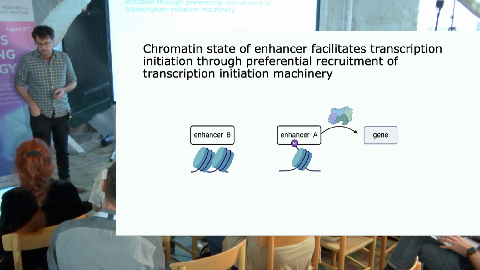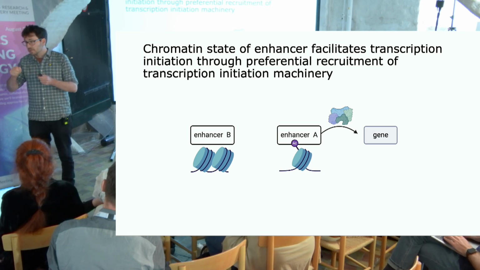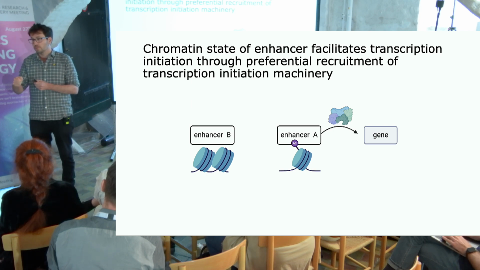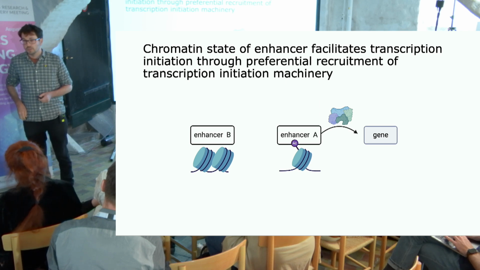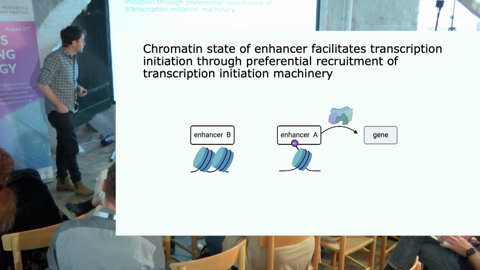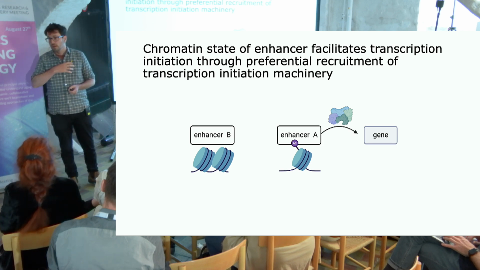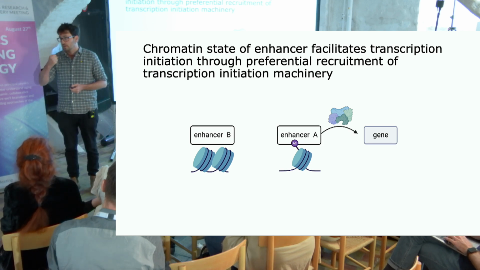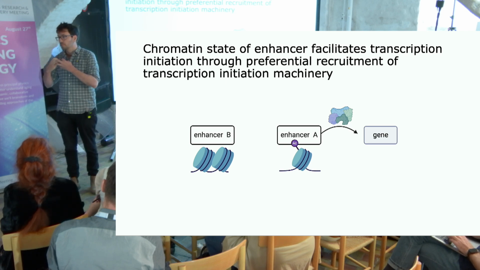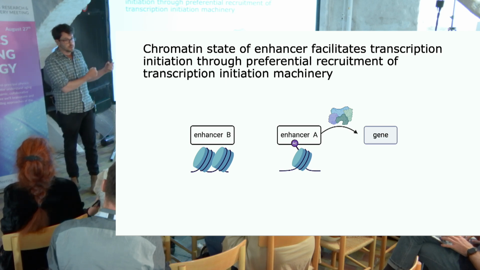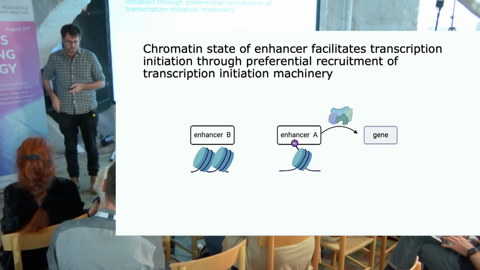And we'll also consider that the different enhancers compete with each other for recruiting this transcription initiation machinery. Okay, so if one enhancer, let's say, has more acetylated chromatin, then it has a higher rate of recruiting the transcriptional machinery and thus reduces it for the other enhancers in the system.